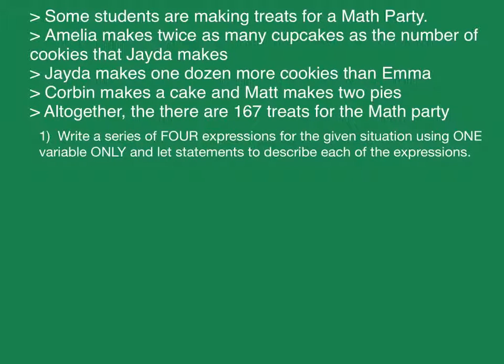So let's analyze this. Amelia makes twice as many cupcakes as the number of cookies that Jada makes. Jada makes 1 dozen more than Emma. And then it tells us about Corbin making cake and Matt making 2 pies. So those are constants. We don't need to write any kind of expressions for those because they just are what they are.